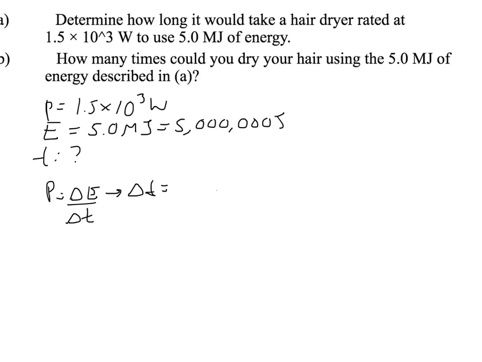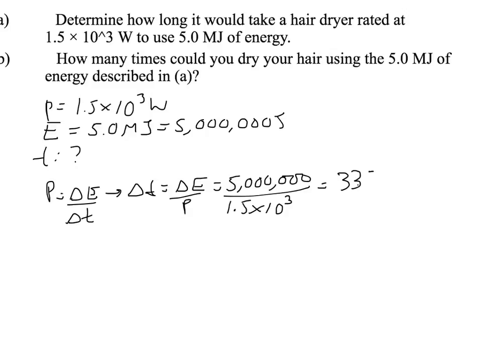Delta T equals delta E over P, which is 5 million divided by 1.5 times 10 to the 3, and that gives us 3.3 seconds, which is equal to 3.3 times 10 to the 3 seconds.